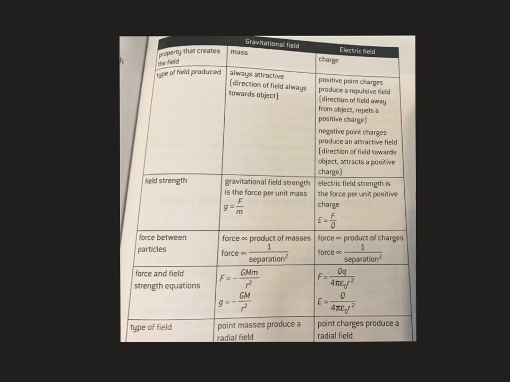But with the gravitational field, in terms of the direction, it's always attracting. In terms of the field strength, we've got some real similarities here. Gravitational field strength is the force per unit mass, and the electric field strength is the force per unit charge.